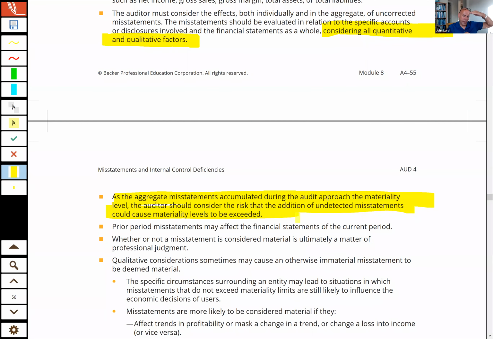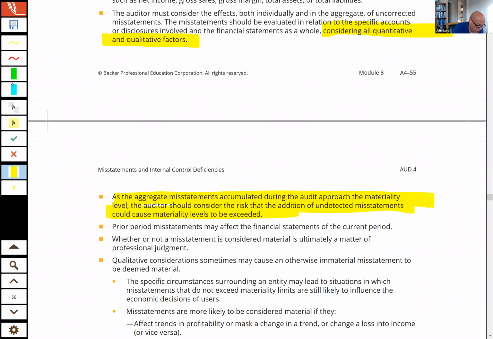As we go over that threshold, after we've considered the precision for the allowance for sampling risk, that's when we start asking for adjustments. So even though they say the auditor should consider it, we have statistical methods that allow us to determine whether we've exceeded our materiality levels through these cushions, the allowance for sampling risk that we put around our audit sampling outcome, our audit sampling estimate.